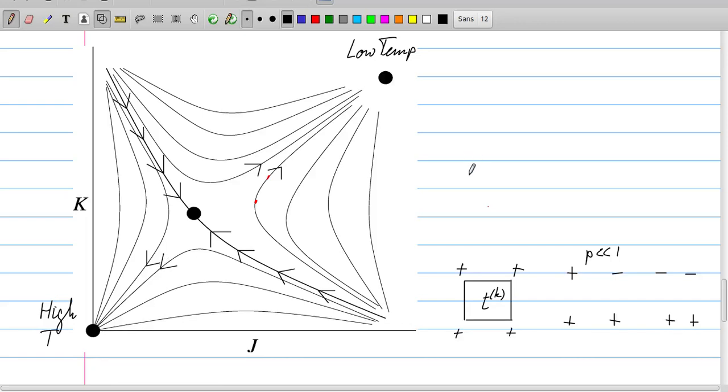To illustrate that, suppose I have a red blob in the system, and that has a certain size, the size psi, measured in lattice constants of the fine-grained system. And then I'm going to make the lattice constant twice as big, and I'm measuring the size in terms of the new unit of distance, which is the new lattice constant.